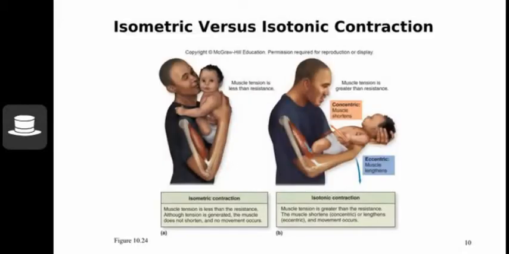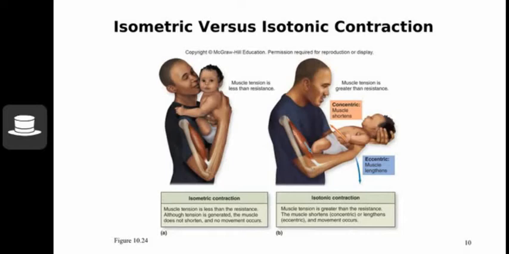So here, the man holding the baby. The baby is not moving, the muscle isn't changing length, but he's still generating tension, otherwise the arm would just flop and the baby would fall. So this is an isometric contraction. And then as the man gently lowers the child down, that's going to be an isotonic contraction.